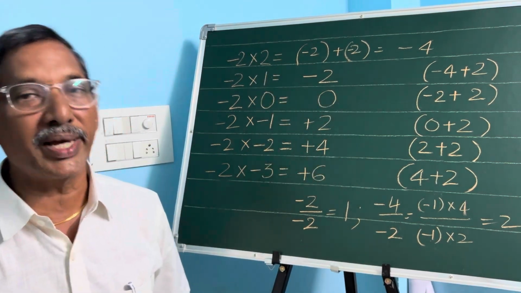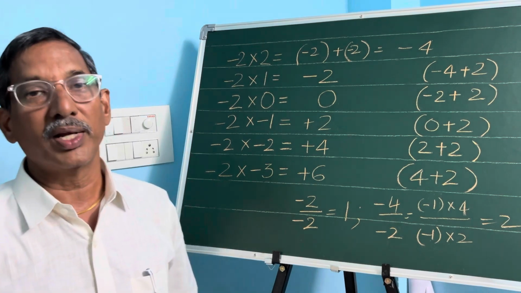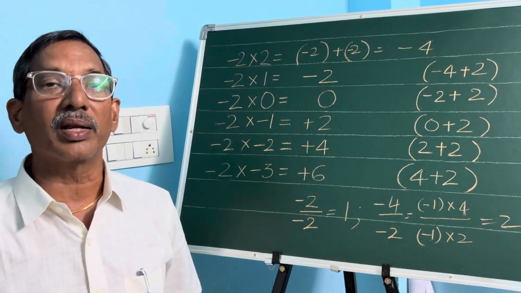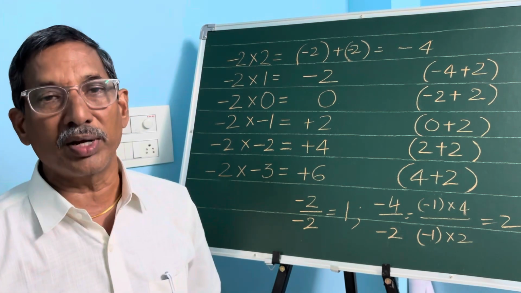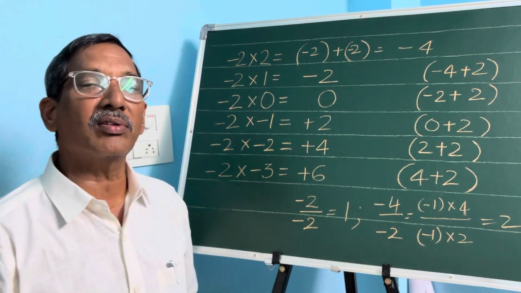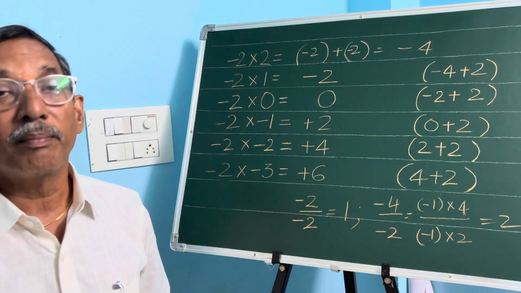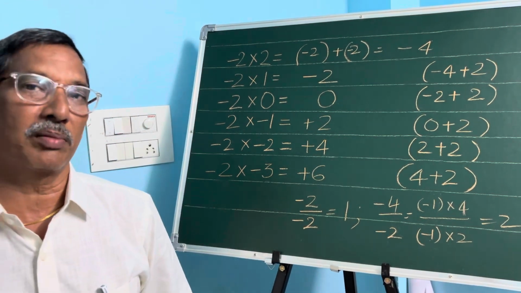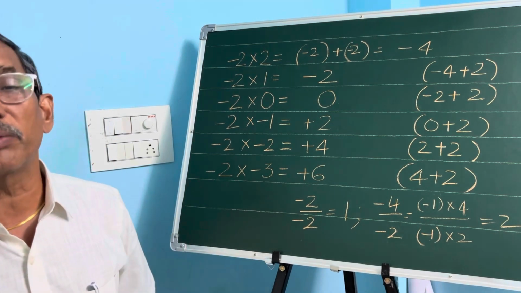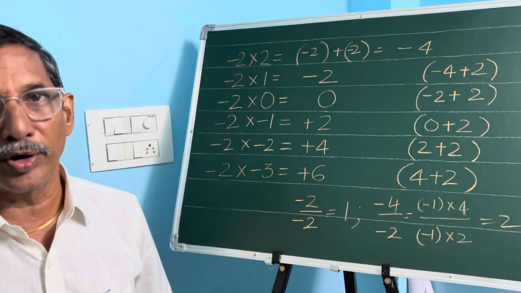Minus 2 plus minus 2 is minus 4, it cannot be a positive number. The sum of any number of negative numbers is a negative number, but the product of two negative numbers is a positive number. This is the way the teacher might have explained it to Arun.